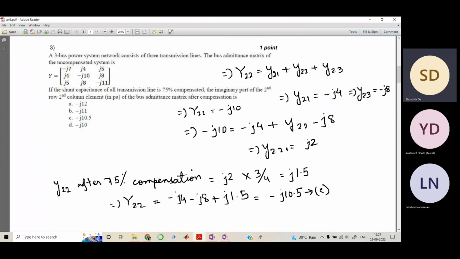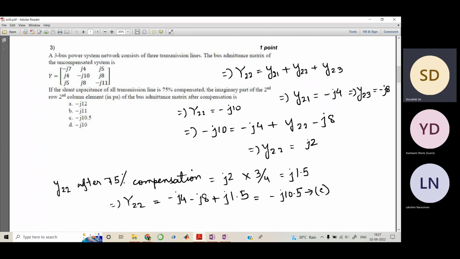As you saw, we calculated Y22 to be J2. After 75% compensation, we are connecting an inductor here, and the net admittance is reducing by 25%, right? So it would be J2 into 0.75, and it comes out to be J1.5.